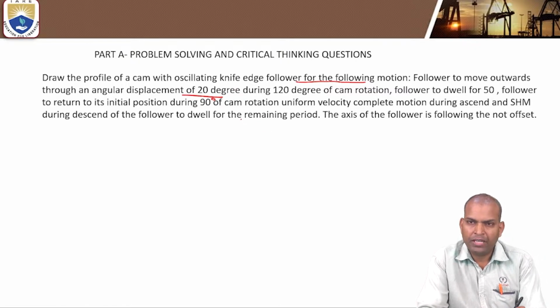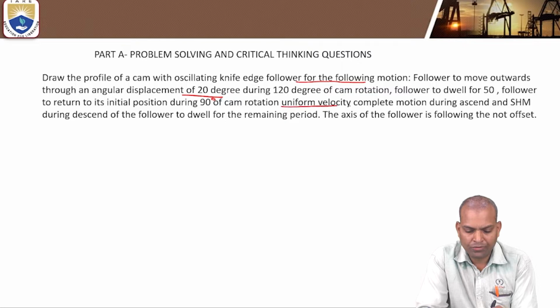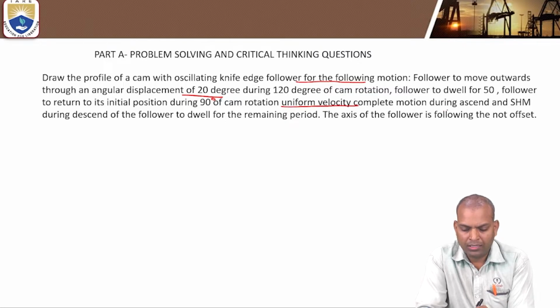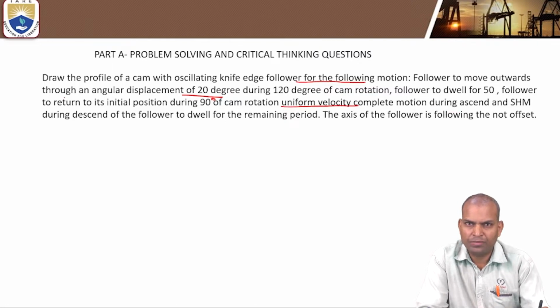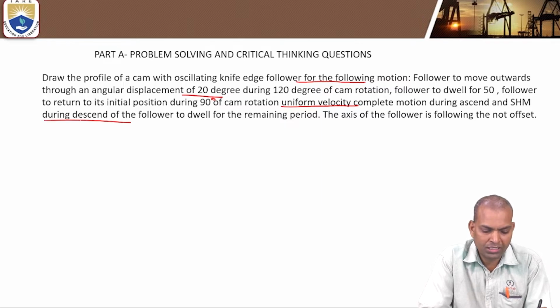So it is the uniform velocity of motion during outstroke, that is during ascent, and SHM, simple harmonic motion, during descent of the follower.